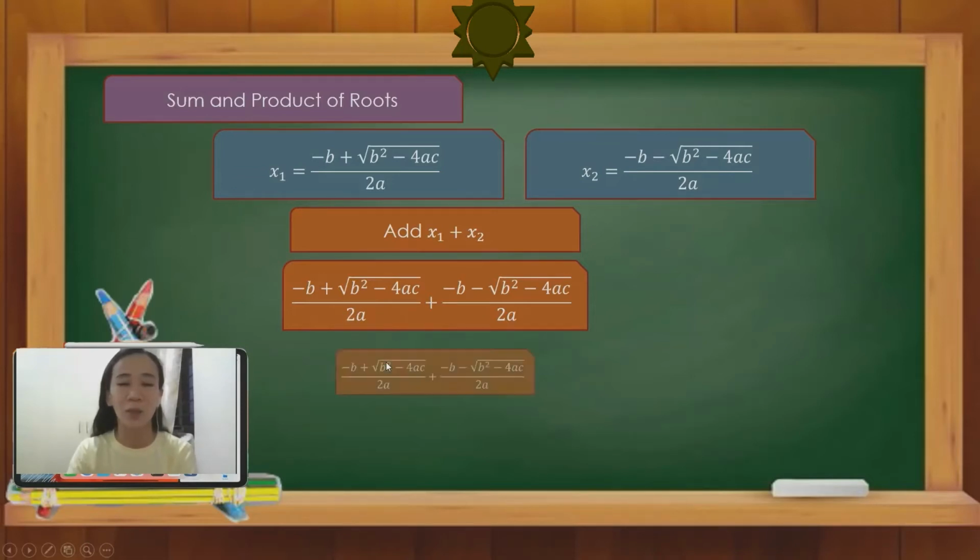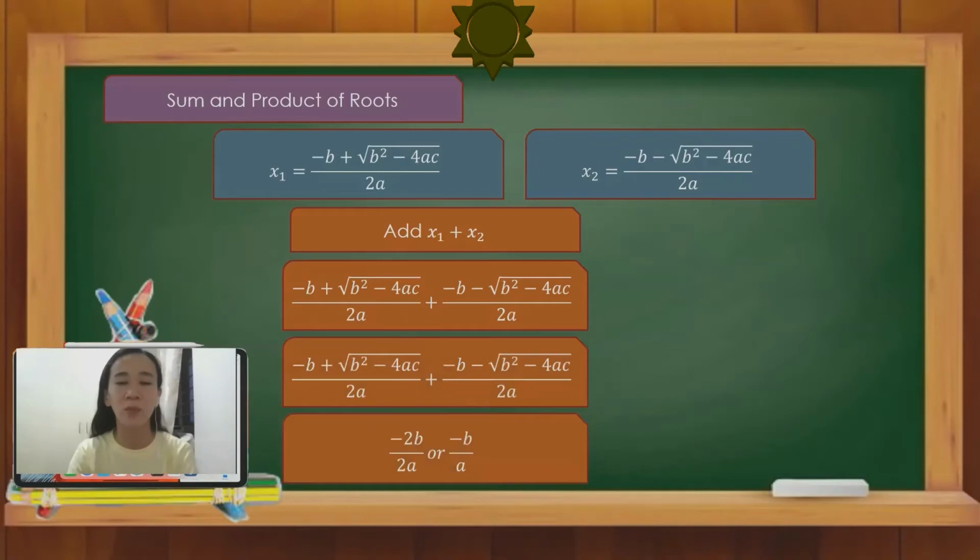So this becomes negative 2b over 2a, cancel 2. It will become negative b over a. So this just means that the sum of the two roots x sub 1 and x sub 2 is equal to negative b over a.